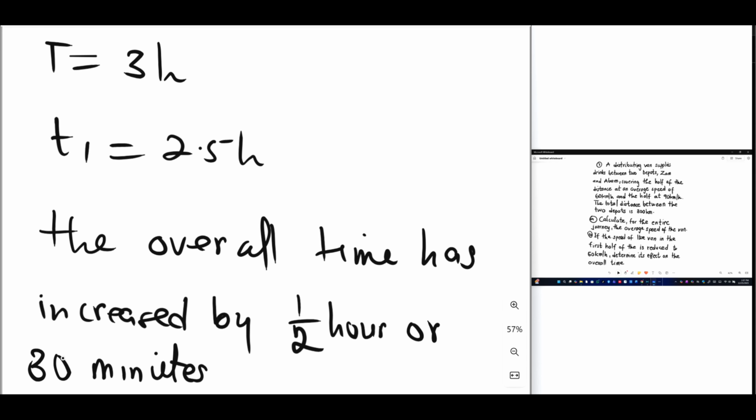But when we use the 50 kilometers per hour for the same first half of the journey, the new time is now 3 hours, which means the time has now increased by 30 minutes, or half an hour. So instead of the van using 2.5 hours, the van has now used 3 hours. So the overall effect on the time is that the time has increased by 30 minutes, or half an hour.